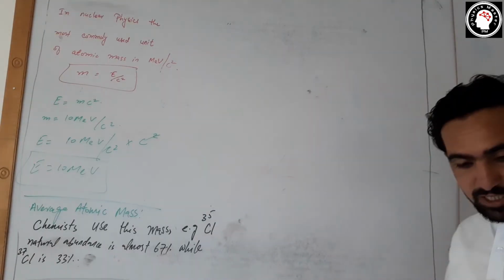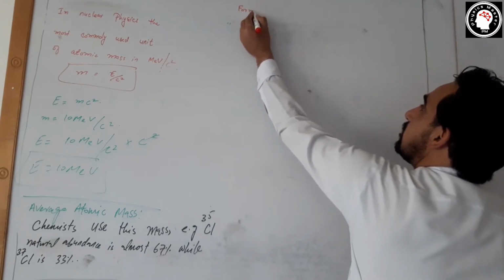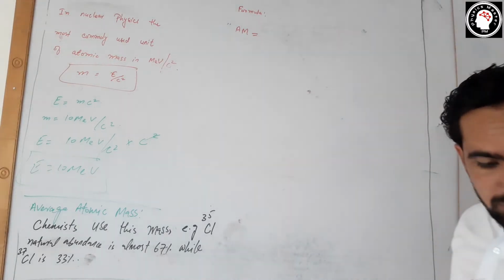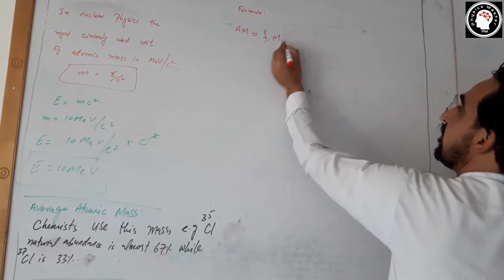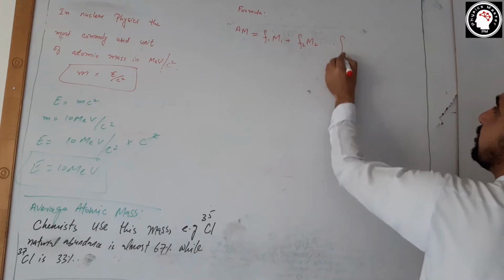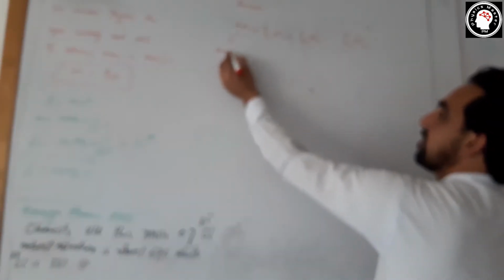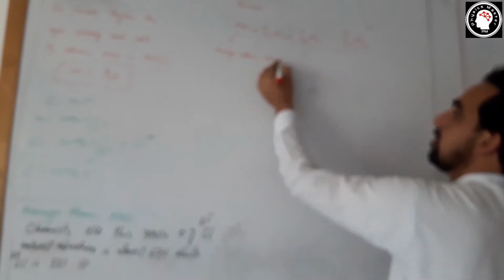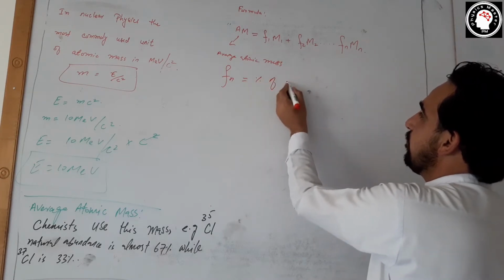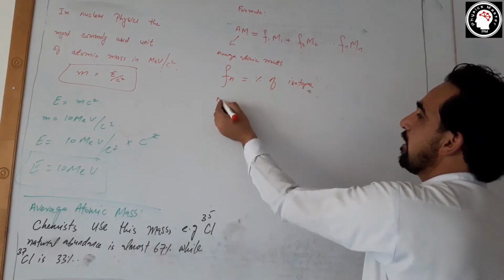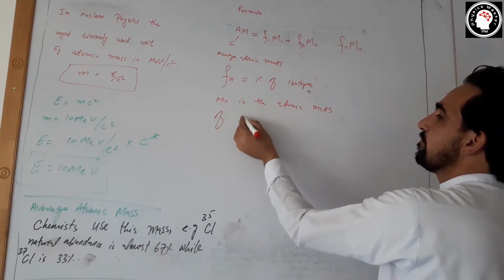You can calculate average atomic mass by the formula: average atomic mass is equal to F1 M1 plus F2 M2 up to Fn Mn, where Am is average atomic mass, Fn is the percentage of the isotope, and Mn is the atomic mass of the isotope.